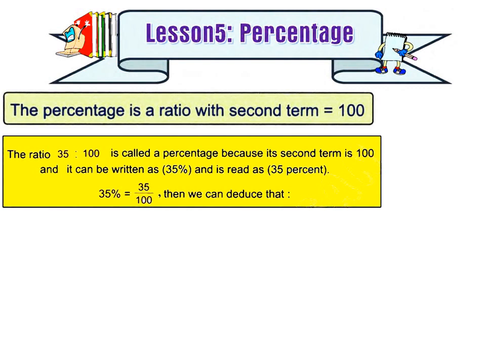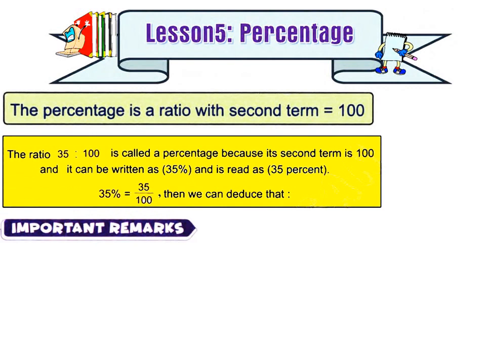This symbol represents 100, the second term of the ratio. 35% equals 35 over 100, which means the ratio 35 to 100. Then we can deduce some important remarks. Remark number one: 100% of any amount equals the whole amount.